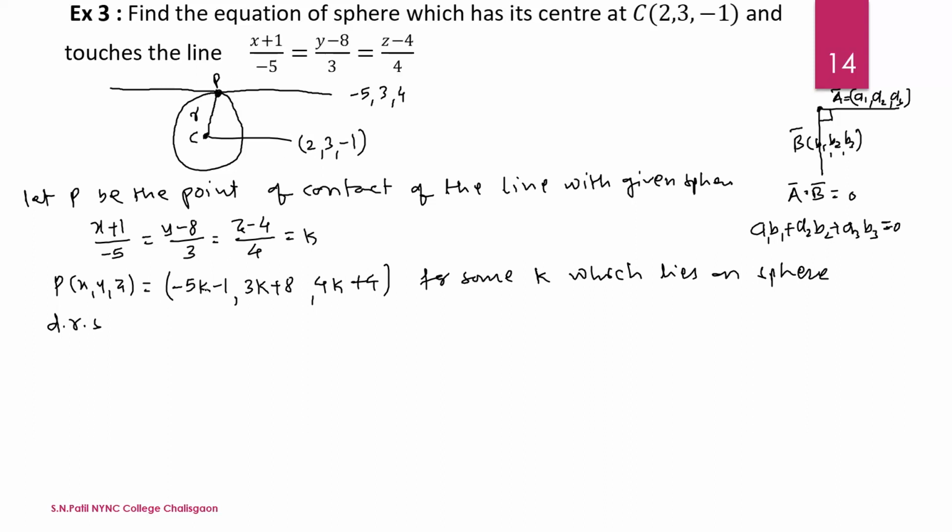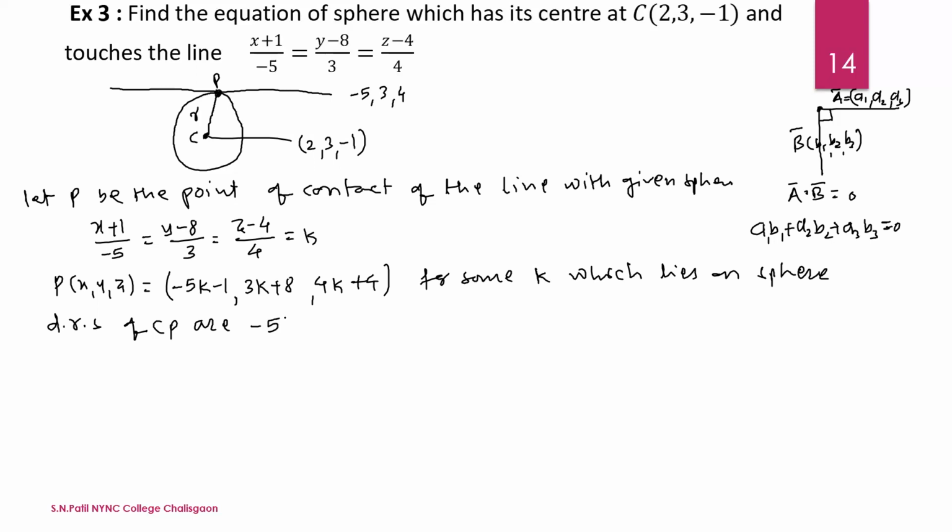P, the first point, is minus 5k minus 1, minus this. That is the DRS of CP. Now this one minus this one. Okay, now I'm going to take P point. Suppose this is x2, y2, z2 and this is x1, y1, z1. x2 minus x1, y2 minus y1, z2 minus z1 in this.